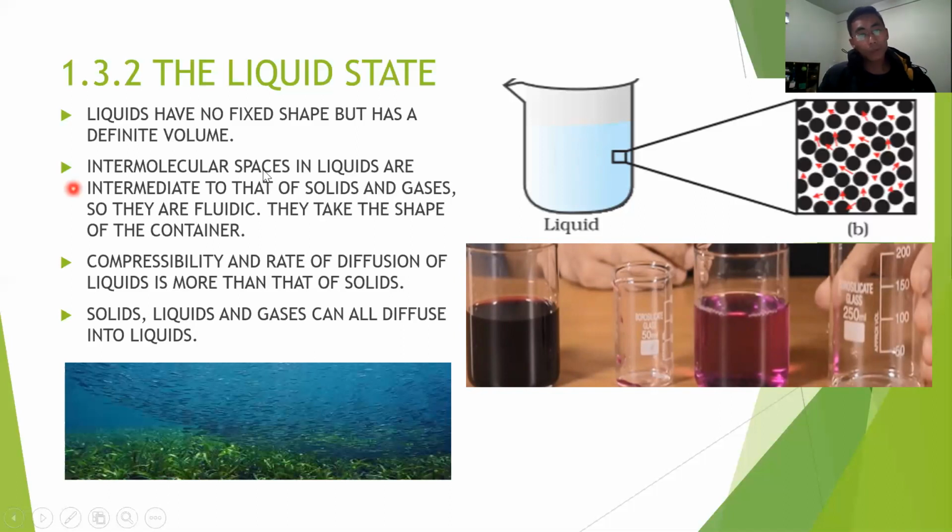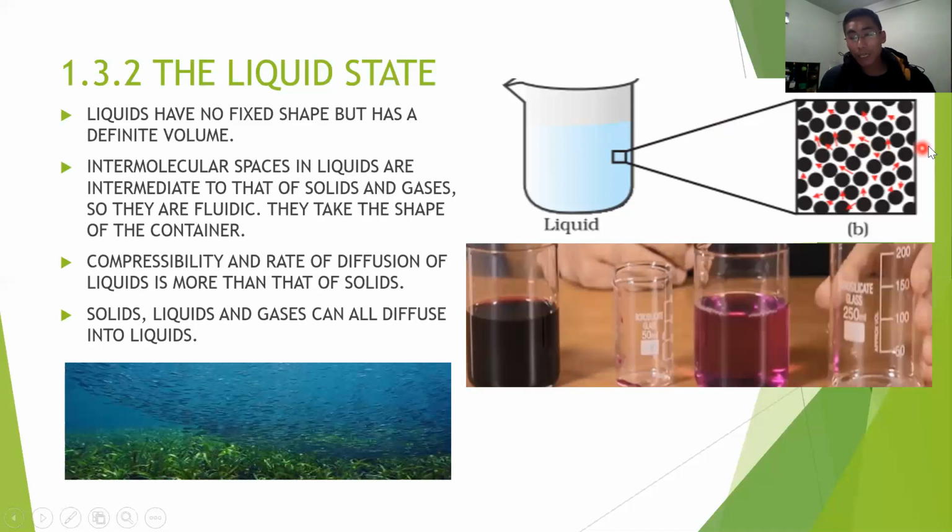Now, intermolecular spaces in liquids are intermediate to that of solids and gases. See here, this is what it means. As compared to the previous picture in the solid state, here the particles have got more spaces, and these spaces are more than that in solids and lesser than that in gases.